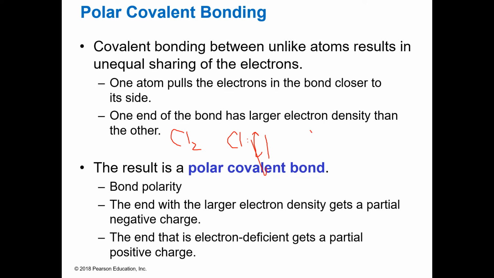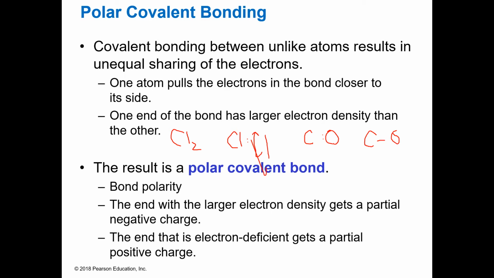If I were to have, let's say, carbon and oxygen, and there's a single bond here, so it's a pair of electrons. The electrons actually end up being closer to the oxygen than they do the carbon. It's still a single bond, like we see here, but the position of that pair of electrons is actually going to be closer to the oxygen.